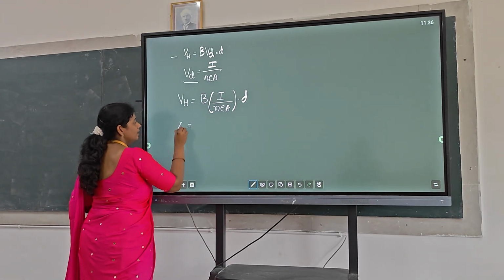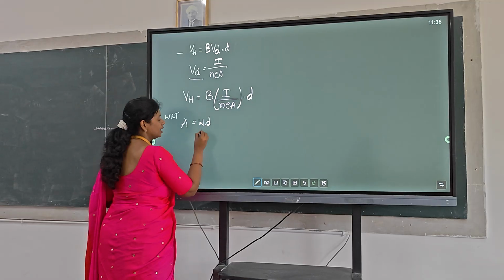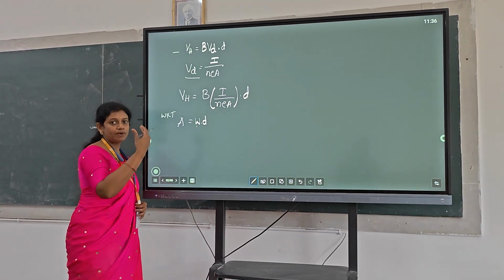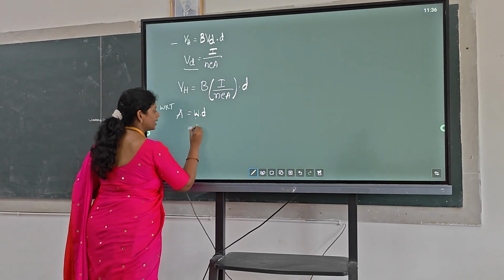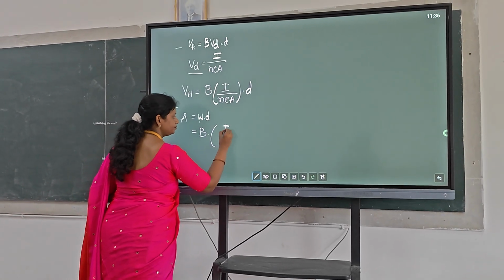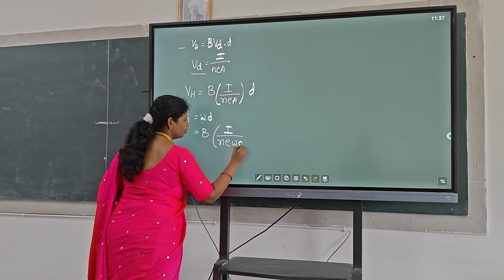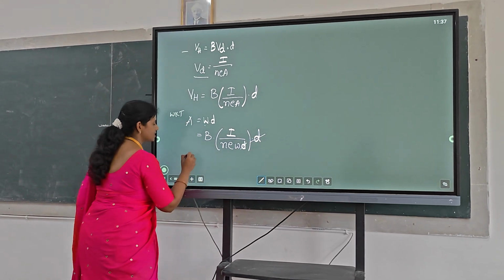We know that A is equal to W into D, that is the thickness and the distance between the upper surface and the lower surface. Substituting this A value, you will get B into I divided by NE W into D, into D. So D will cancel each other.